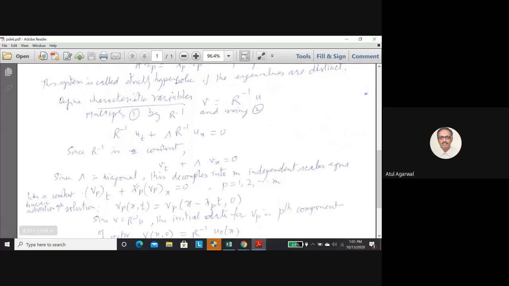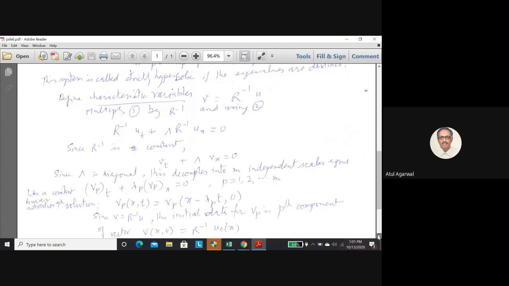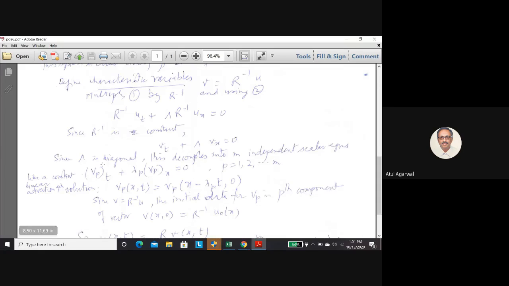The solution of this equation, if you go to the previous lecture, you will find I have done. These are the linear advection equations, and lambda is the advection velocity. So these are given by a simple solution of this kind. Whatever is the initial solution, that is carried along the characteristic lines, and it remains the same along the characteristic lines if your lambdas are constant.